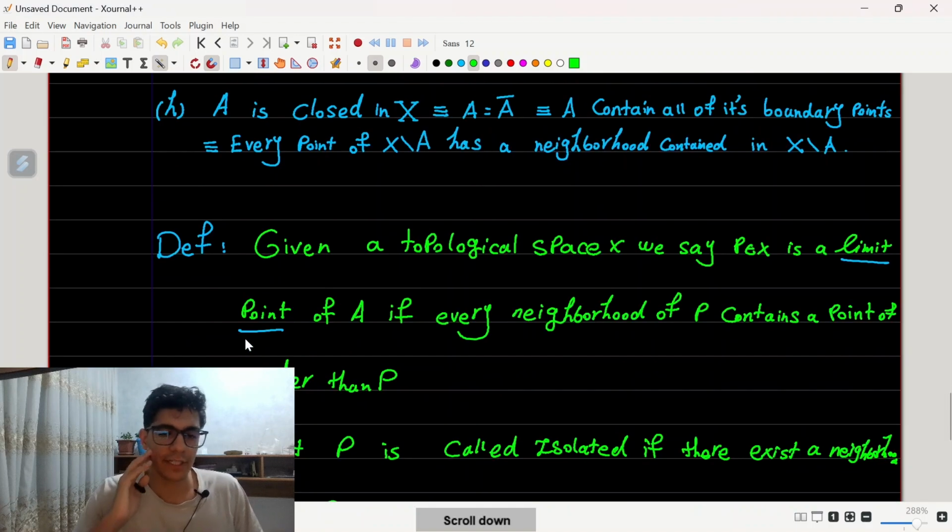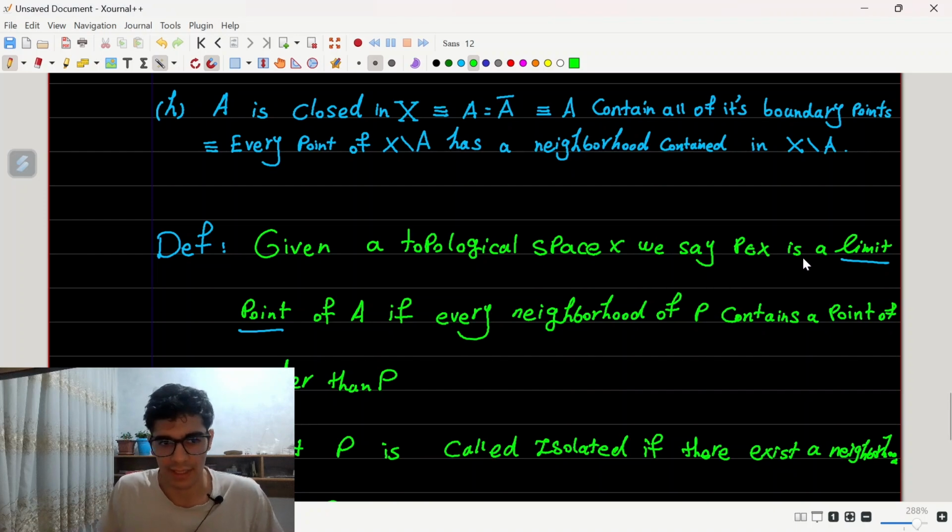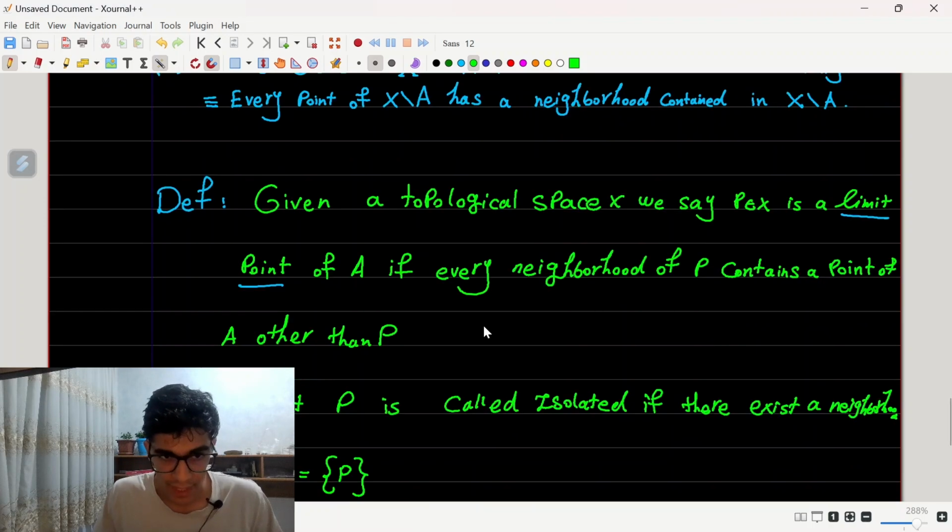Then we have a definition. Given a topological space X, we say P, a member of X, is a limit point of A if every neighborhood of P contains a point of A other than P. As an example, take the interval 0 to 1, where 1 is in our set.